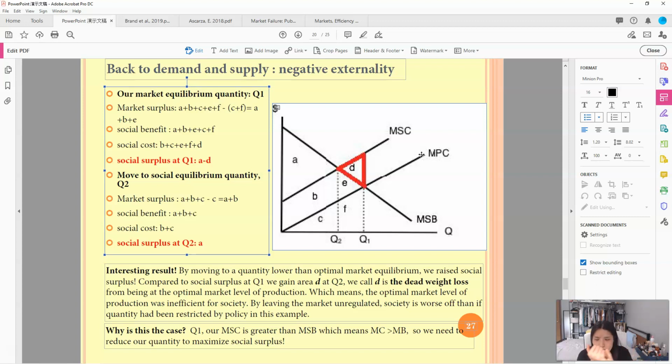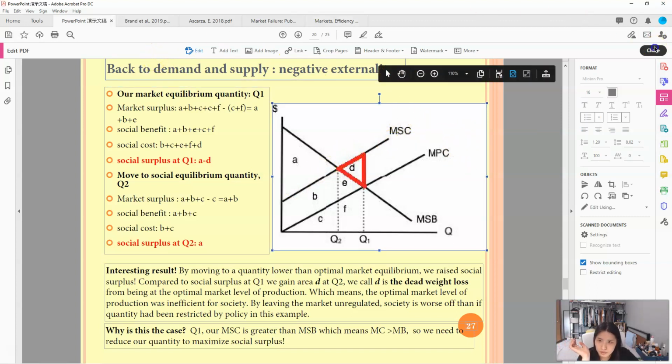But from the society's perspective, since the market produces some pollution and there are some pollution costs, it cares about this line, the marginal social costs.